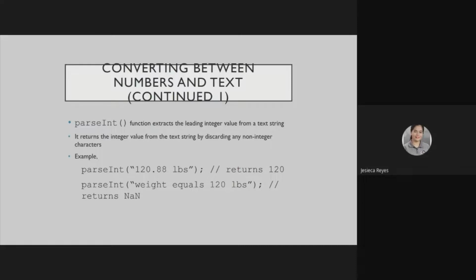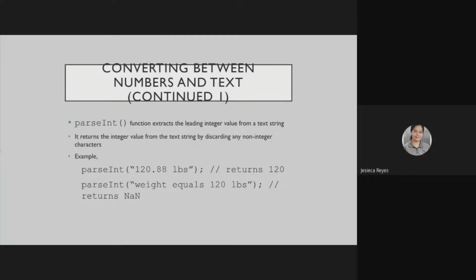ParseInt is a function that will extract the leading integer value from a text string, just like using 120.88 pounds. This will extract the integer value 120.